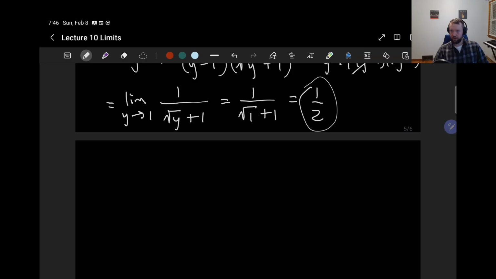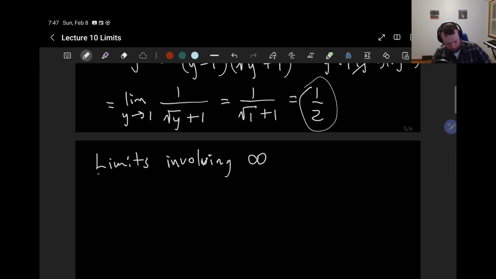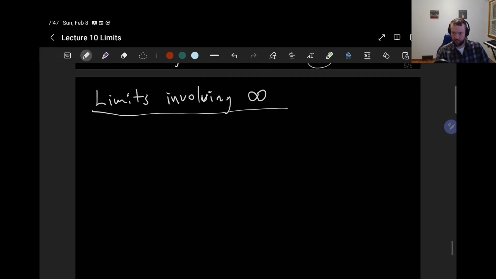Now let's discuss limits involving infinity. Very important. This could be positive infinity, could be minus infinity, and we'll talk about it in terms of x and y.